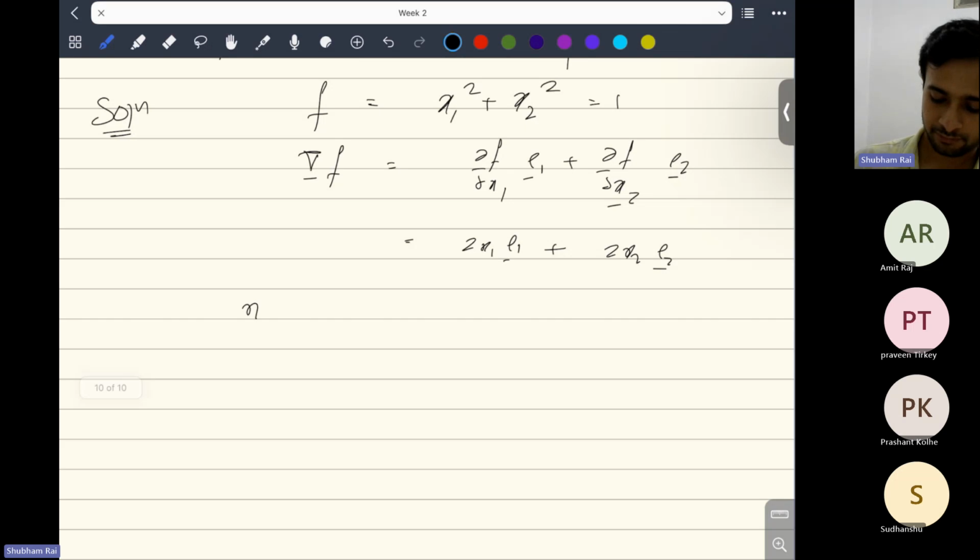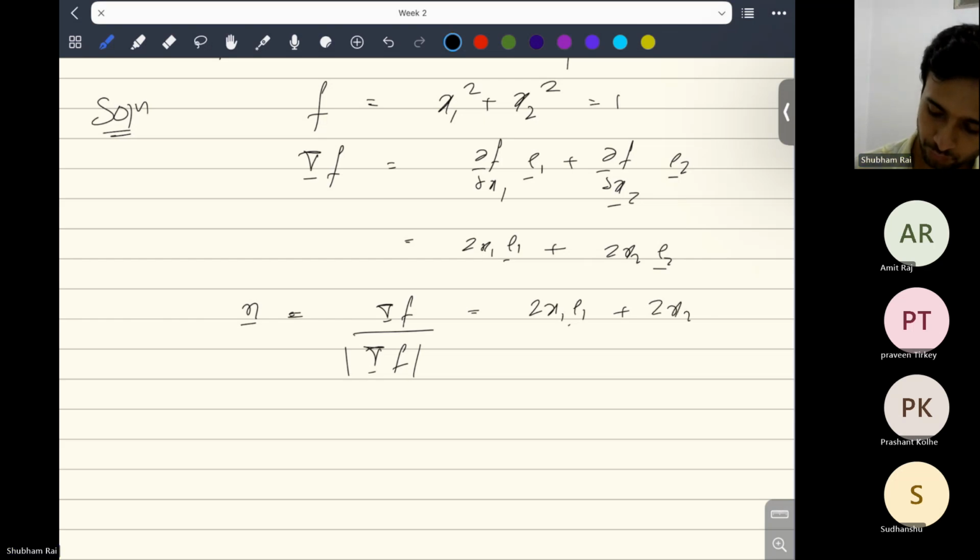So if you want to find n, n will be nothing but a unit vector. So you just find the gradient of f and divide by its magnitude. If you do that, you'll get 2x1 e1 plus 2x2 e2 divided by the square root of 4x1 square plus 4x2 square, right?